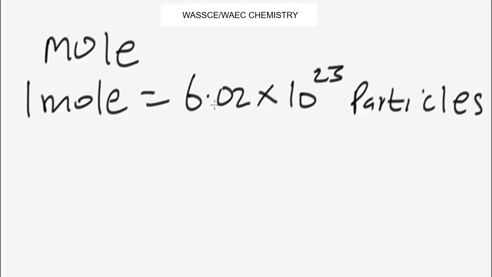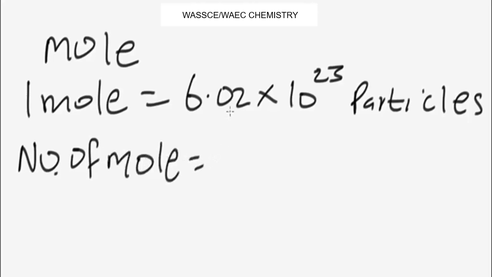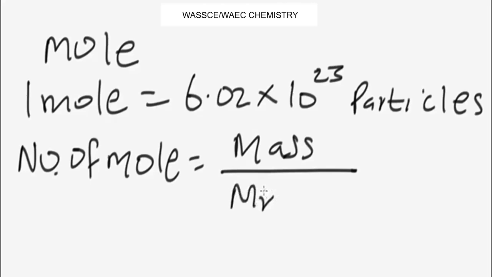Now let's look at the general formula for calculating the mole of a substance. Number of mole equals mass of the substance, or mass of element or compound, over the relative formula mass of the substance.